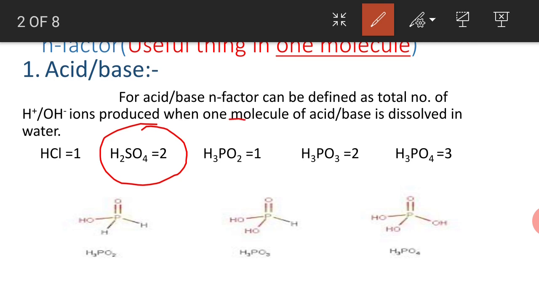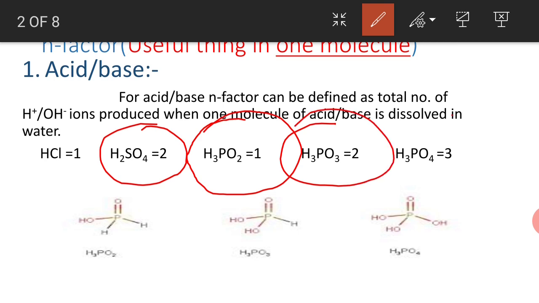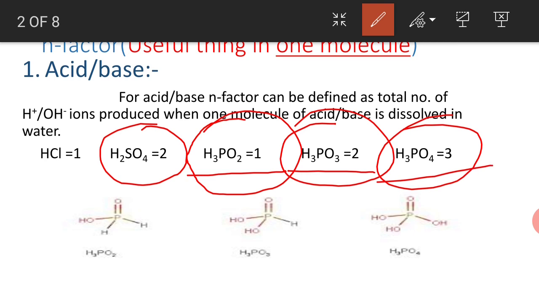Next, when I talk about the oxo acids of phosphorus, I see that H3PO2 has N factor 1, H3PO3 has N factor 2, and H3PO4 has N factor 3.